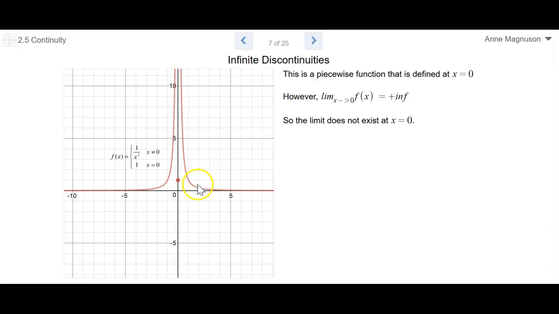And here's an example where I have an infinite discontinuity. So I have a vertical asymptote. Clearly I can't redefine any value of x to make it continuous. And the reason it's an infinite discontinuity is because it's an infinite limit.